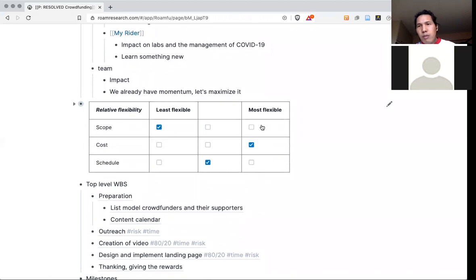This table, I talked about in the previous session, so that I could think about how to make trade-offs. The scope here is that we need to raise money. But the schedule, when I was doing this plan, I was already thinking that if we could recruit a professional video producer of crowdfunding videos, then I'm willing to delay the project so they can create a good quality video.